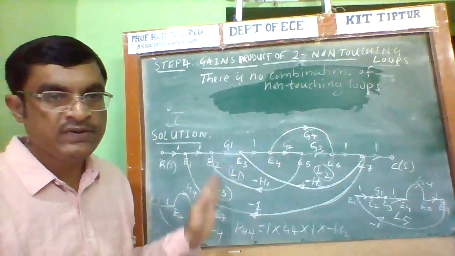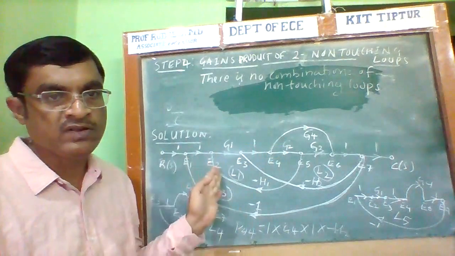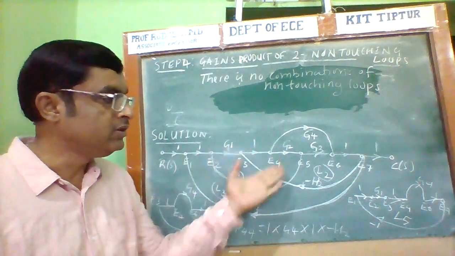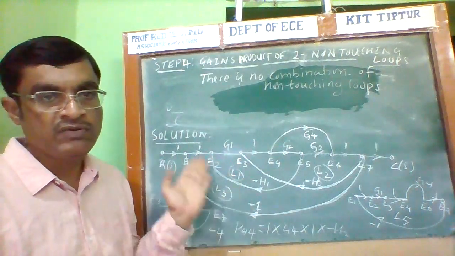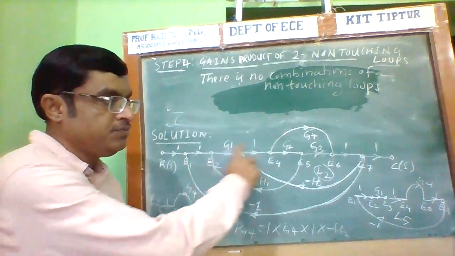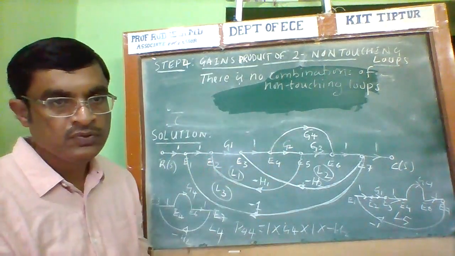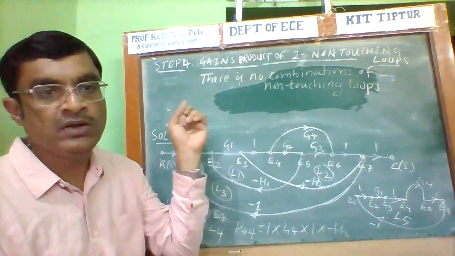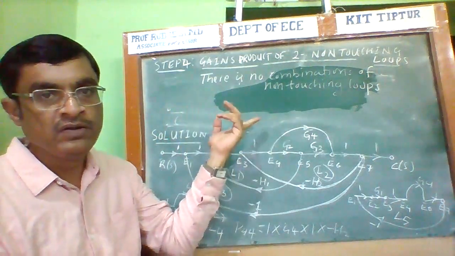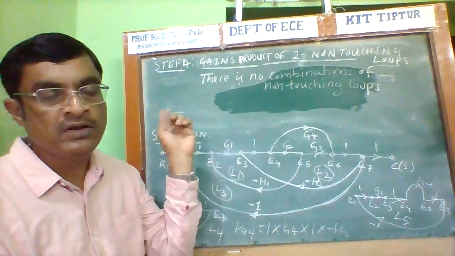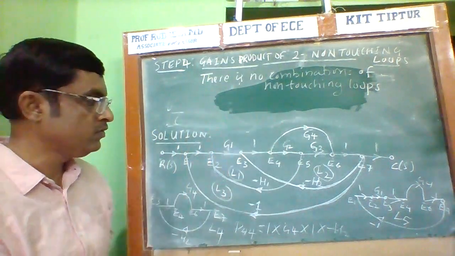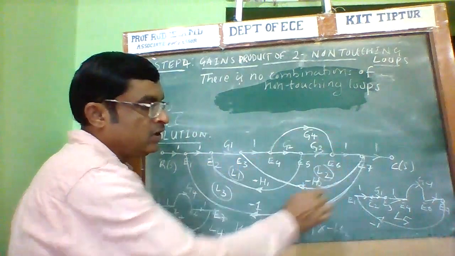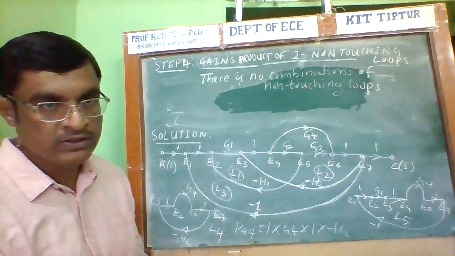But after observing the signal flow graph, all the loops L1, L2, L3, L4, L5 have common nodes. If the loops do not have common nodes, the loops are said to be non-touching. Here all the loops are touching each other.